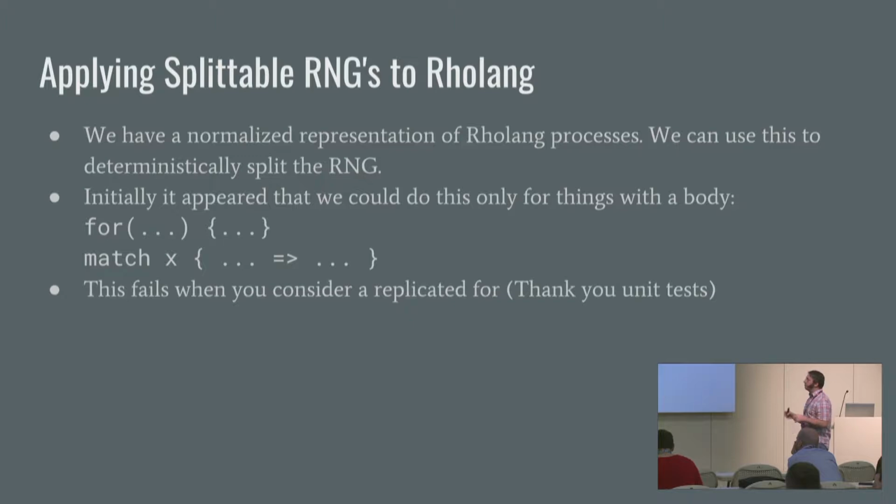In my initial implementation, it seemed like only the things that had continuations, additional code to run, would need a piece of the random number generator state. So the body of a for, the body of a new, and the body of a match case. As we run those things in parallel, there might be another new hiding inside of it somewhere.